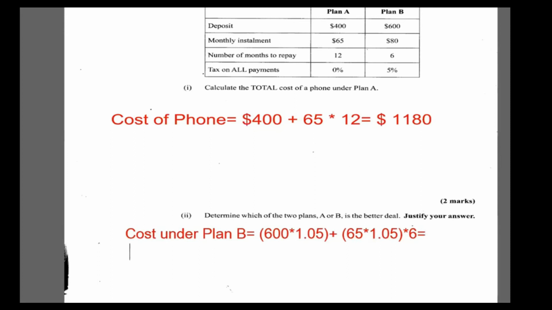So let's work out this cost. So it's 600 times 1.05 plus, that's not 65. The monthly installment is 80.